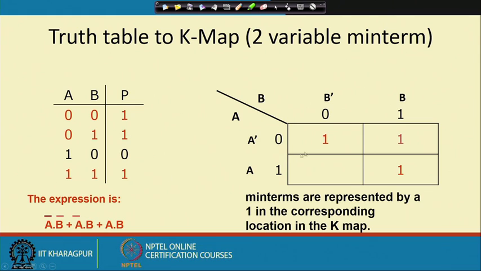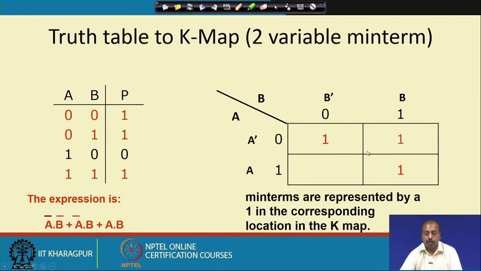So, these 3 1s were there, and these 3 1s we have put here. This is the representation of this truth table in the form of Karnaugh map. Min terms are represented by a 1 in the corresponding location in the Karnaugh map.